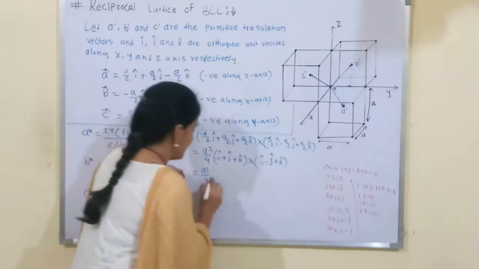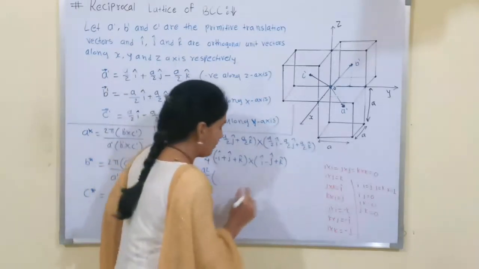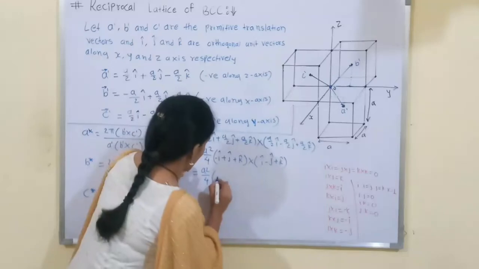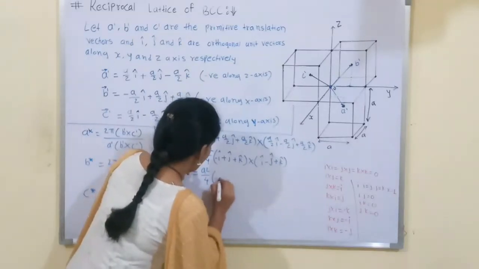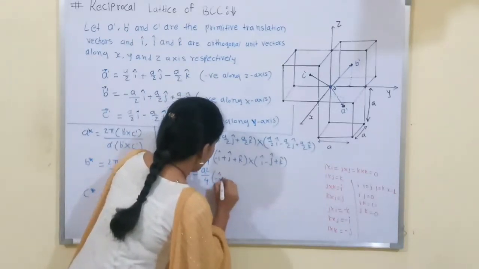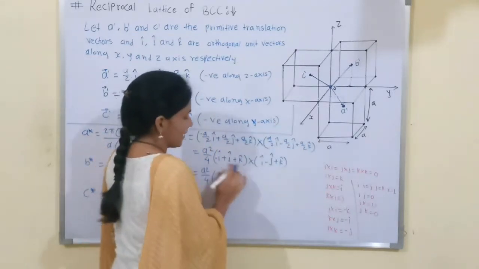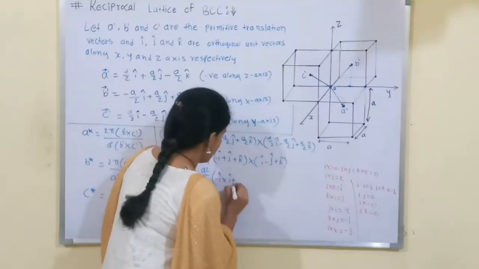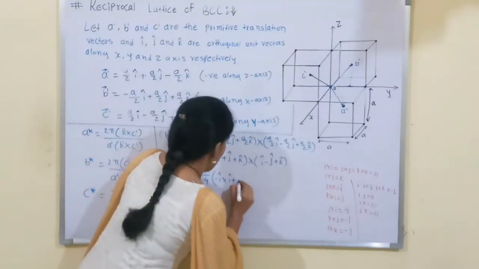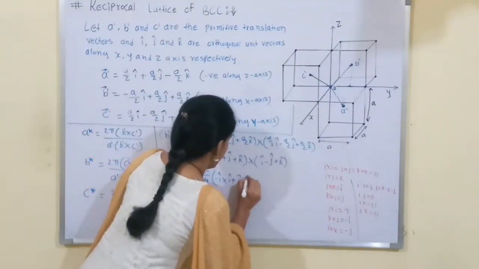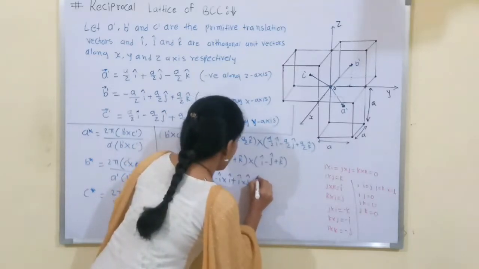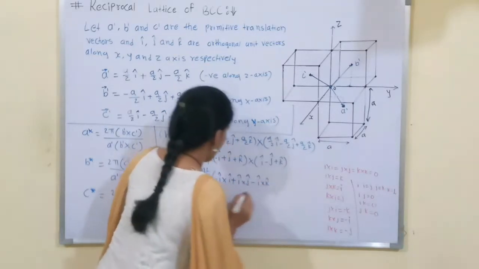Take this term as it is and solve the brackets, taking the cross product of unit vectors. i cap cross i cap, here minus i and minus j, that means minus minus will be plus i cap cross j cap minus i cap cross k cap.